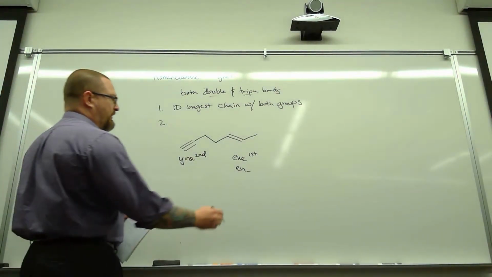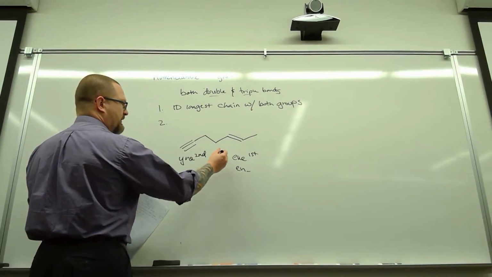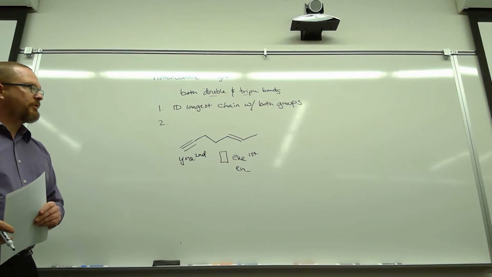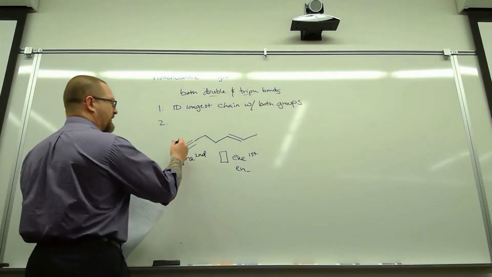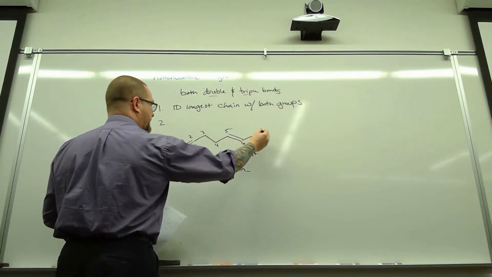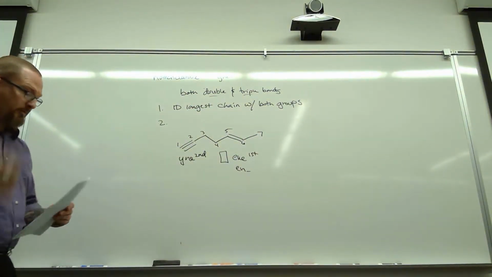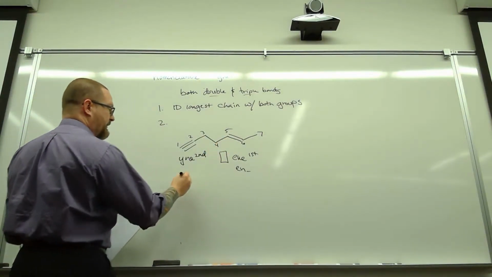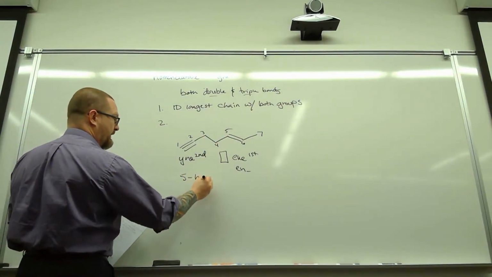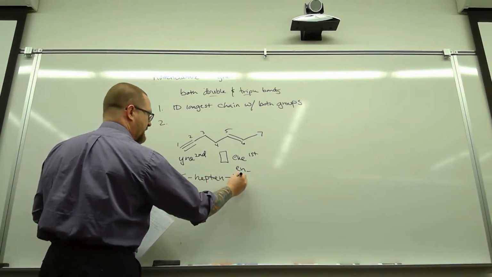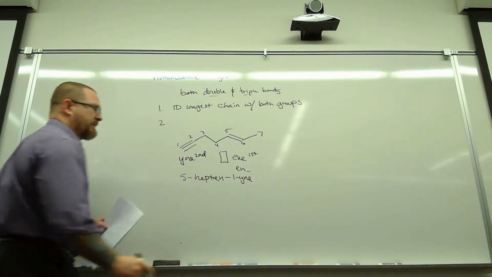And then we're going to number the ene before we title the parent chain. So in this case, this will be a 1, 2, 3, 4, 5, 6, 7 carbon system. This is going to be a 5-hepten-1-yne.